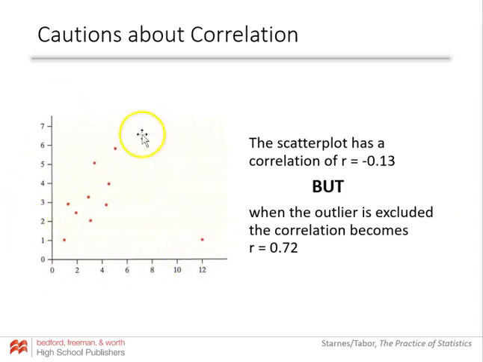So if we put all of these points together, we get an R of -0.13, even though these are going up, because of this outlier out here. But if I take this outlier out, then my correlation is 0.72. So that's a huge change. We went from a weak negative correlation to a strong positive one by removing one outlier. Okay, so outliers have a huge effect on R.